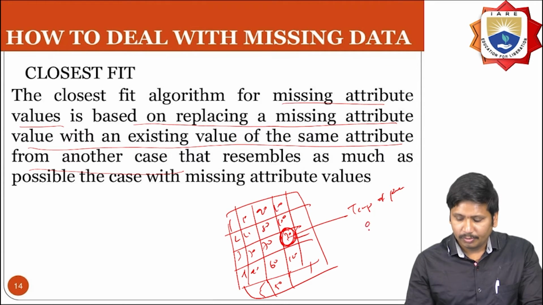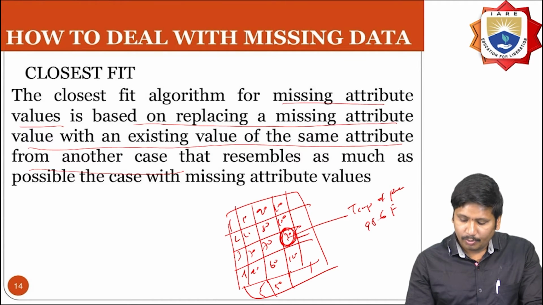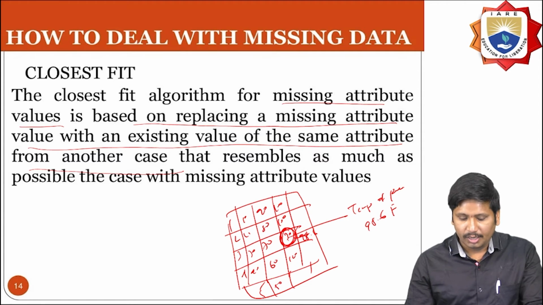Normally the body temperature of a person is 98.6 Fahrenheit, and many people know this value. So I can fill this missing value with 98.6. This is the way I can fill the missing value through the closest fit algorithm, based on the existing value of the same attribute.